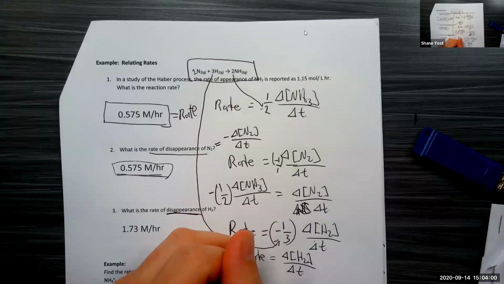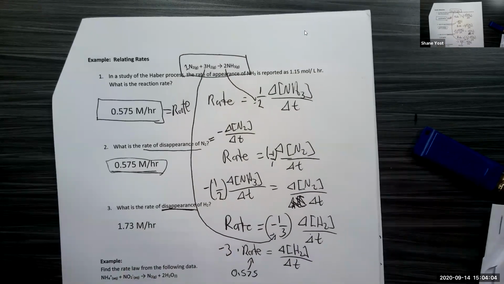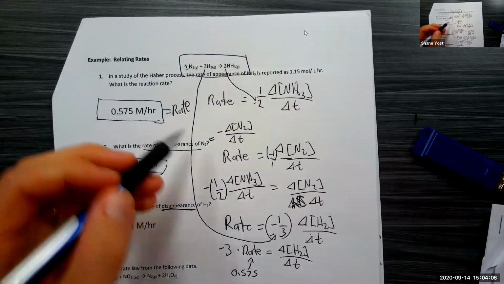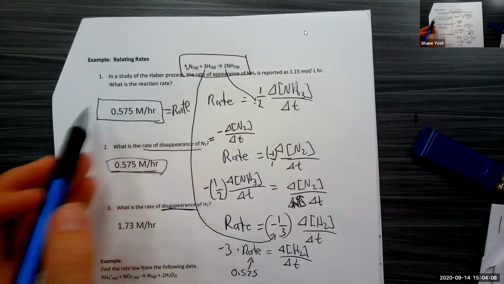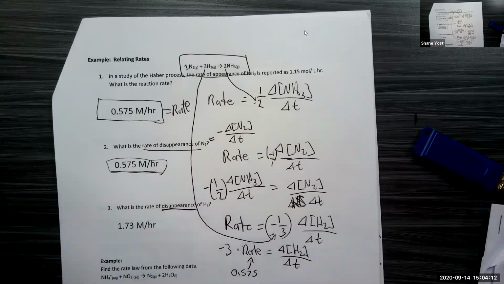So this rate is 0.575. We found that in the very first problem. The rate of the reaction is what we solved for initially. And so that rate is just equal to 0.575. So I multiply that by 3 to get that 1.73. Okay, all right.